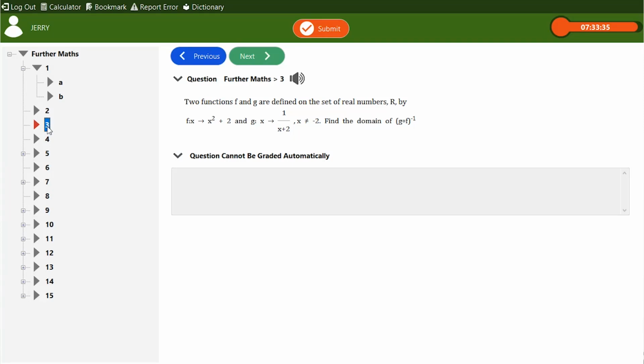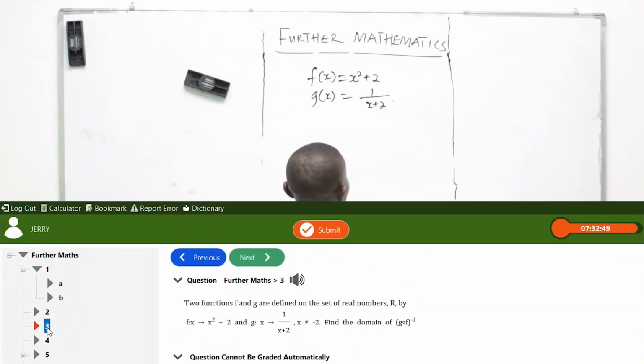If f of x equals x squared plus 2 and g of x equals 1 all over x plus 2, where x is not equal to minus 2, find the domain of g of f inverse.